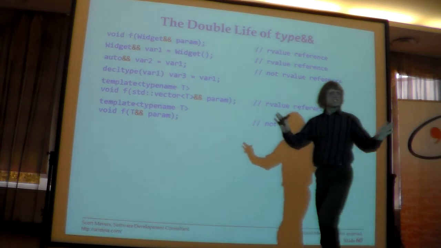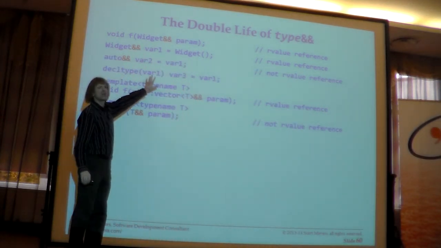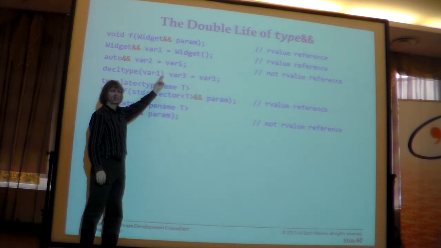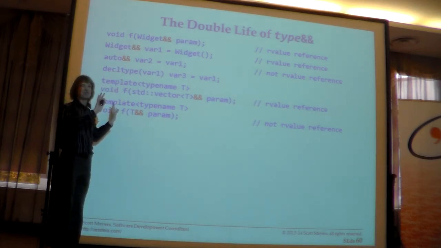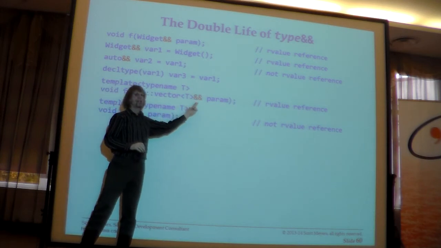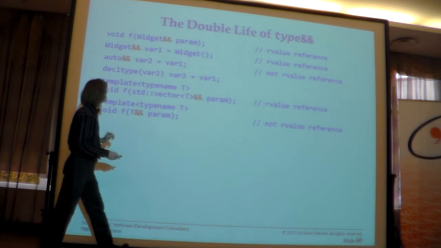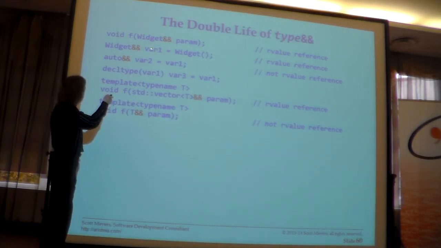For purposes of this discussion, I will point out that this line here doesn't have any refs, so it's actually independent of this discussion, because what I'm trying to get across here is the meanings of this particular symbol. Having said that, since we're already in the neighborhood, var1 is an R-value reference to a Widget.